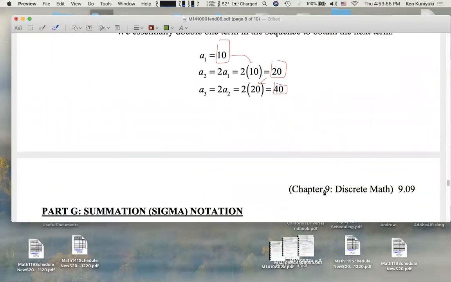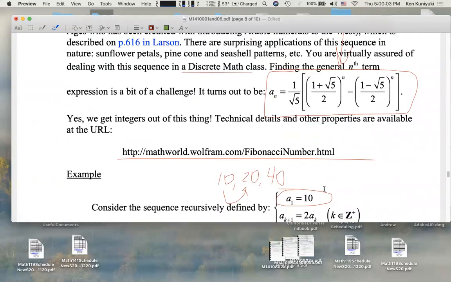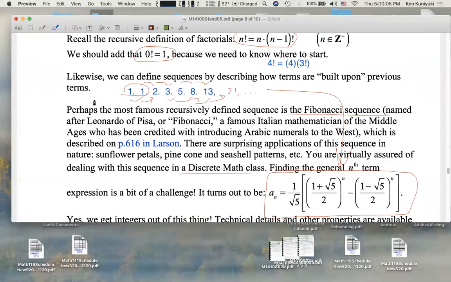Okay. Next up, summation or sigma notation. And before we do that, I want to go back here and show you the recursive definition for this thing. So here, a sub 1 is 1. A sub 2 is 1. These are our 2 seeds.